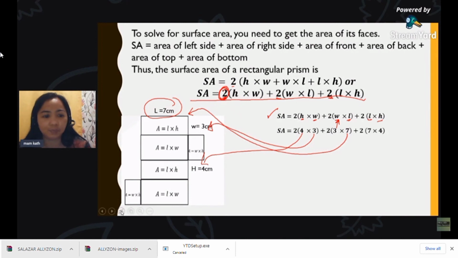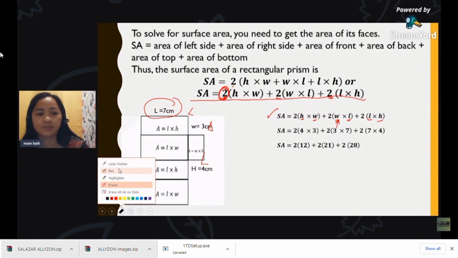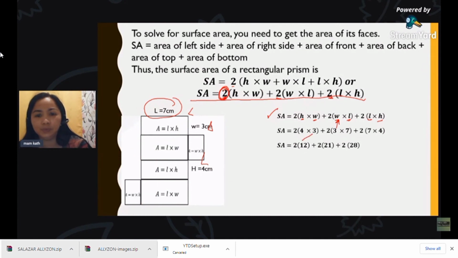Now, we have here, I will erase this one. So we have here, surface area is equal to 2 times 12. That came from 4 times 3. 2 times 21. And 2 times 28. As you can see, yung 2 hindi nababago. And then let's simplify. We have surface area is equal to 24 plus 42 plus 2 times 28 is 56.